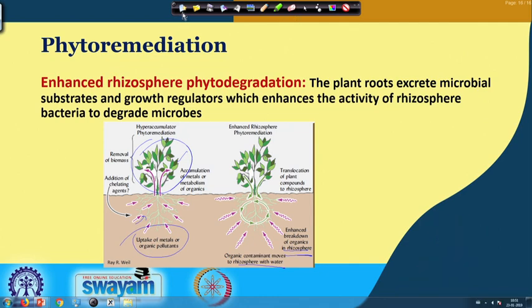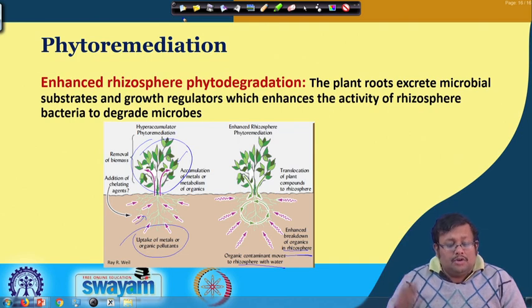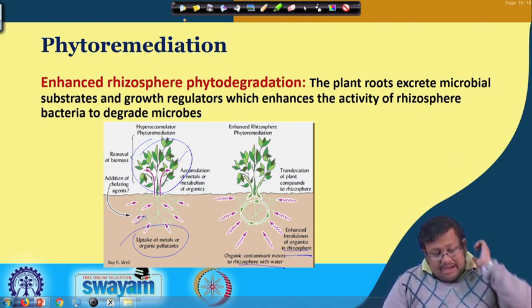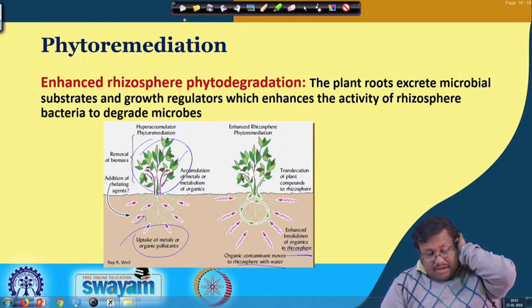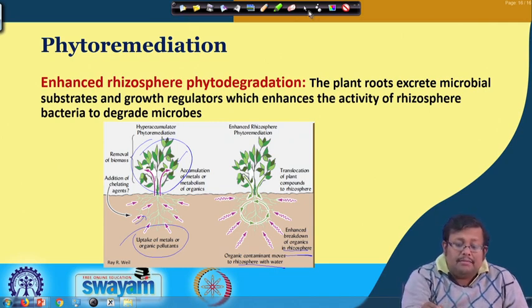And the plant roots excrete microbial substrate and growth regulators, which enhances the activity of the rhizosphere bacteria to degrade the different types of organic pollutants.